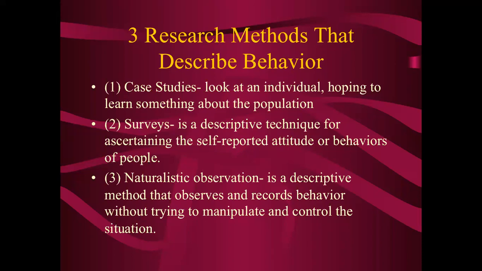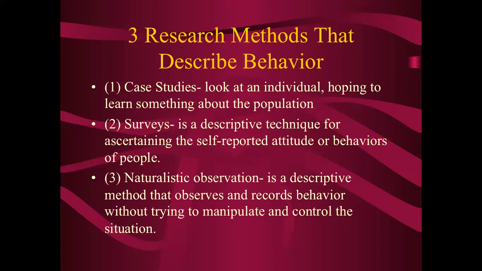Correlational research, while you can describe behavior, correlational research allows you to also predict an outcome. So correlational research, you're going to be able to predict behavior. With an experiment, you can describe and predict, but it also allows you to determine cause and effect and explain behavior.